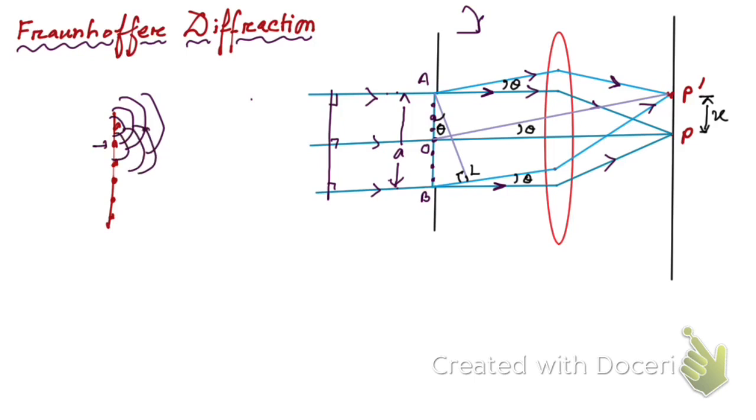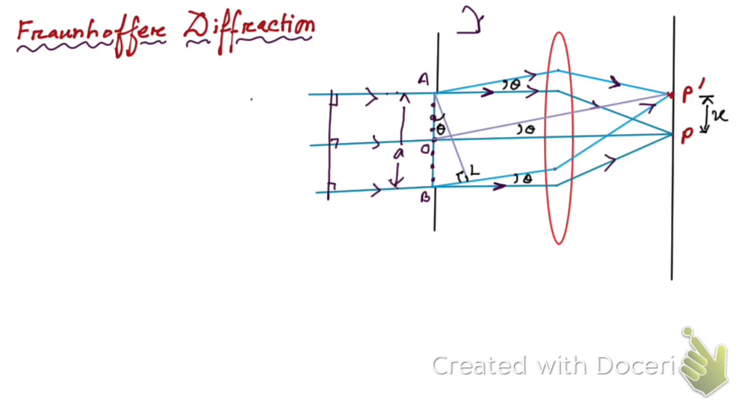And here you can see the superposition of light, due to which we get the dark and bright fringes. Where we get waves in the same phase, there we get the bright fringe, and if we get waves that overlap each other but out of phase, at that point we get the dark fringe, right? Hope you have understood this.